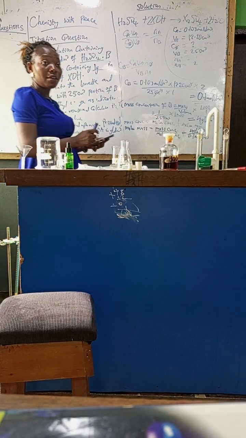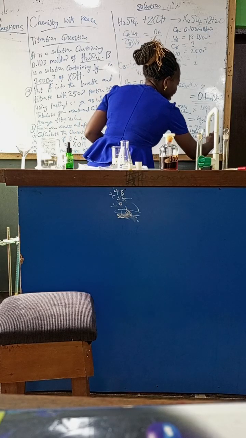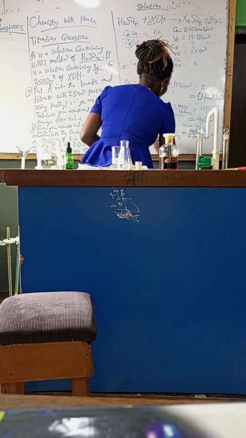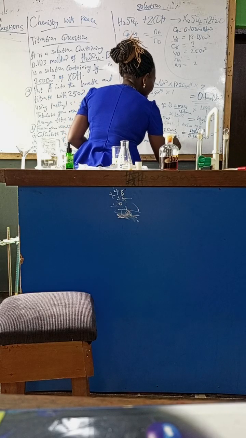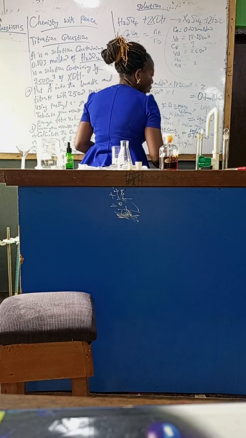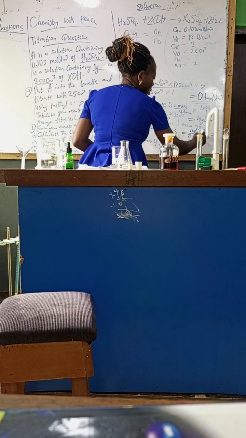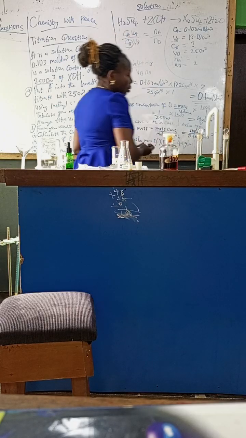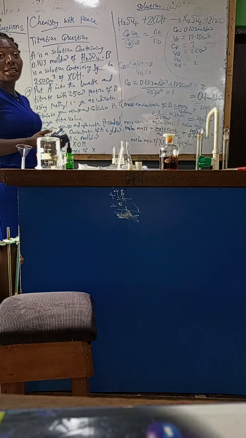What do you get? 40. So our molar mass of SOH is equal to 40 grams per mole. The dm cube cancels. So we just got it to be 40 grams per mole.